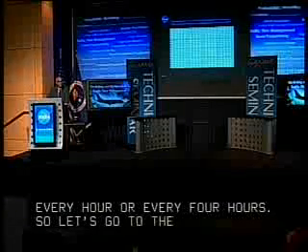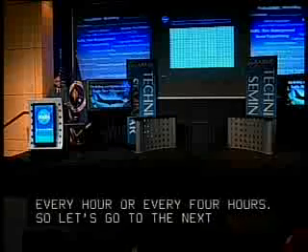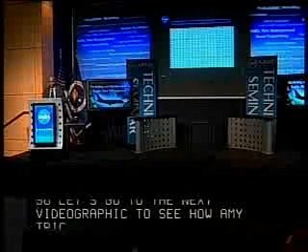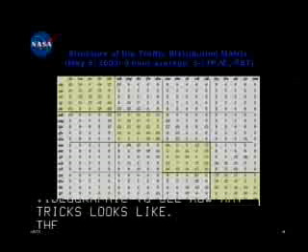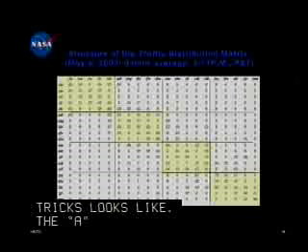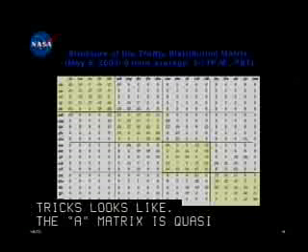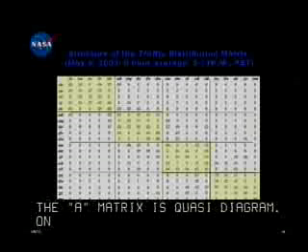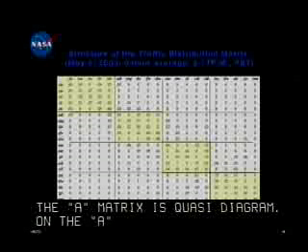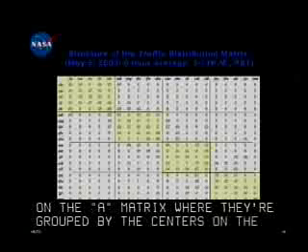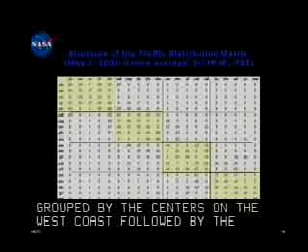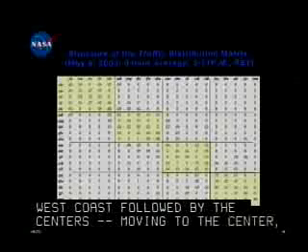The A matrix is what I call quasi-diagonal. Here I have arranged the A matrix so my states are grouped into the centers on the west coast, followed by the centers moving towards the east, followed by centers in the Midwest and the East Coast.